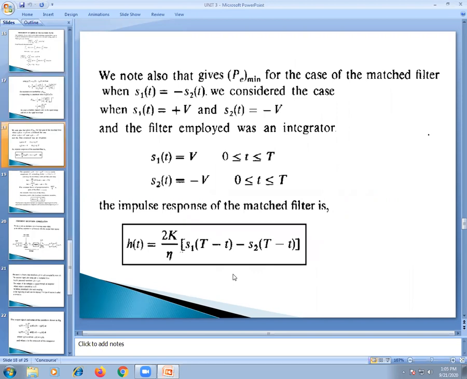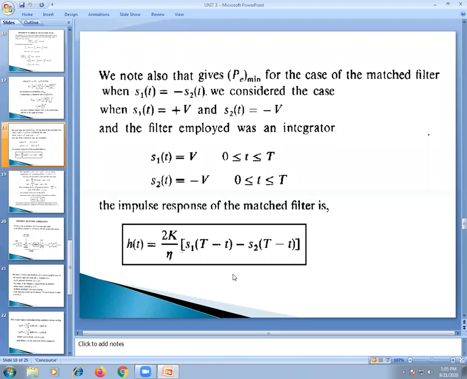Now today we note that the probability of error is minimum for the matched filter when S1 of t is equal to minus S2 of t. We considered the case when S1 of t is equal to plus V volts and S2 of t is equal to minus V volts, because S1 and S2 are two different signals. The filter is employed as an integrator.